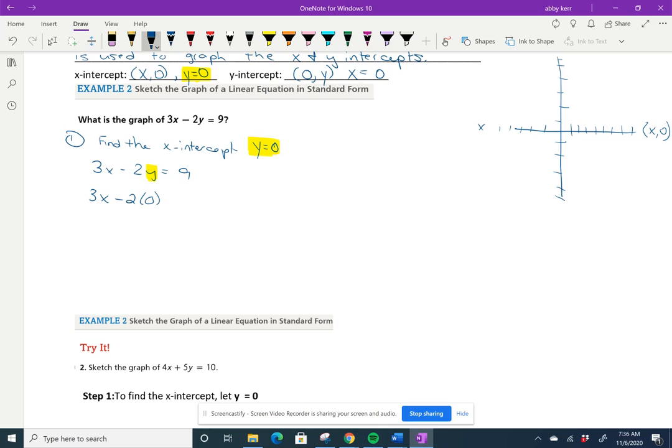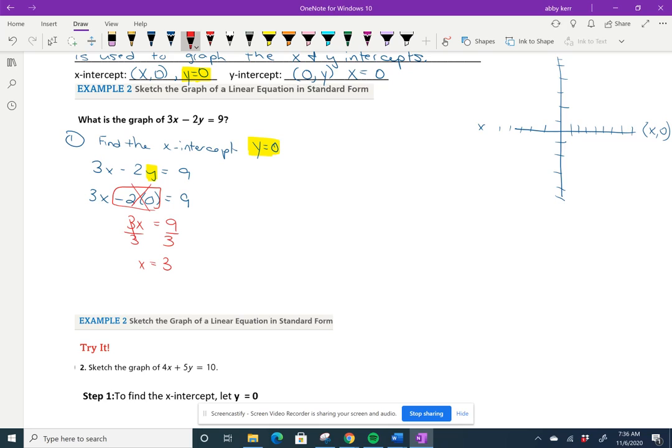And that's always going to be the case, because we are not going up or down for the x-intercept. Now the nice thing here, negative 2 times 0 is 0, so it goes away. So then we're left with 3x equals 9. It's a one-step equation, so we're going to divide by 3. So then we have x equals 3.